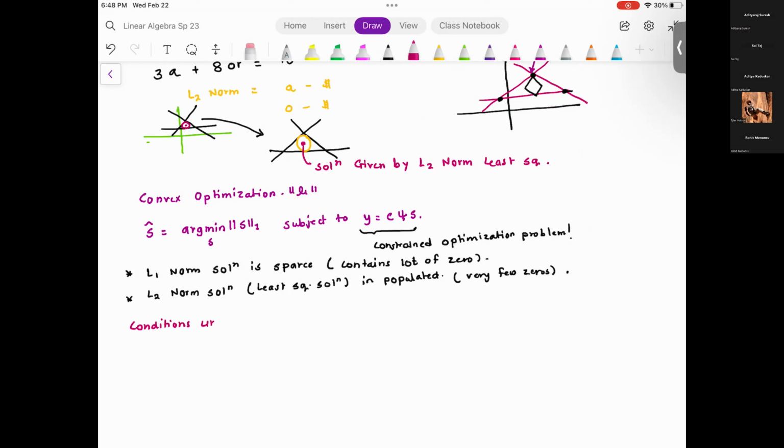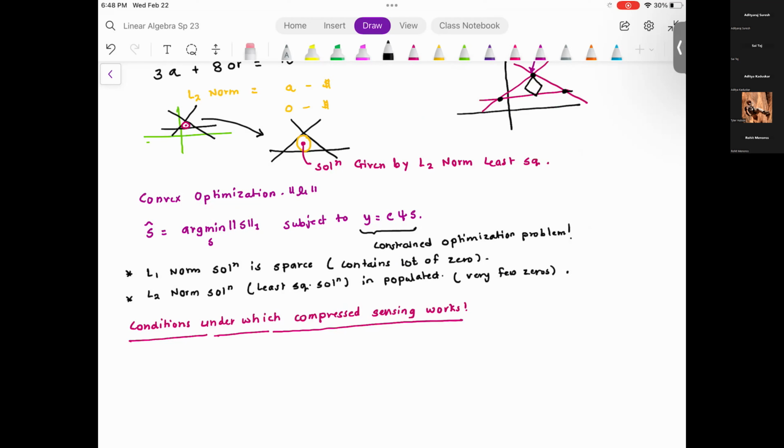Conditions under which this compressed sensing approach works. Because many a times compressed sensing may not work.